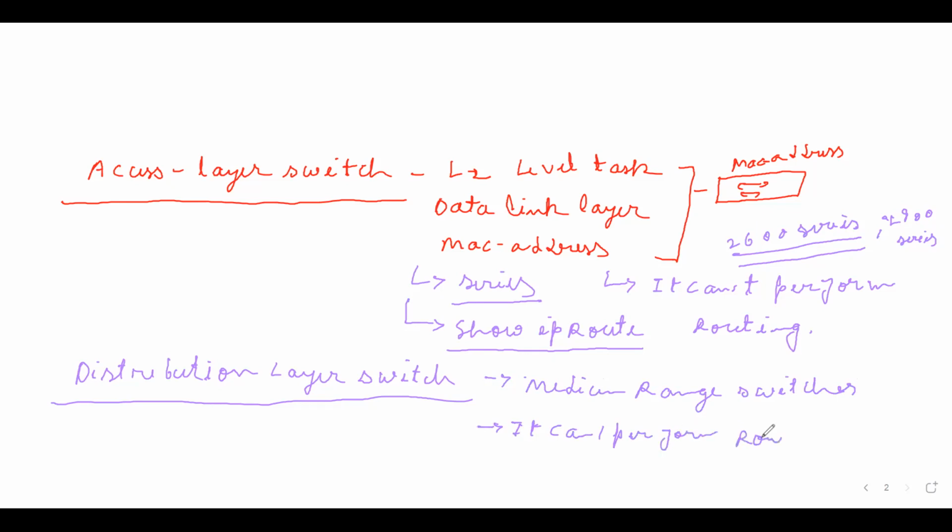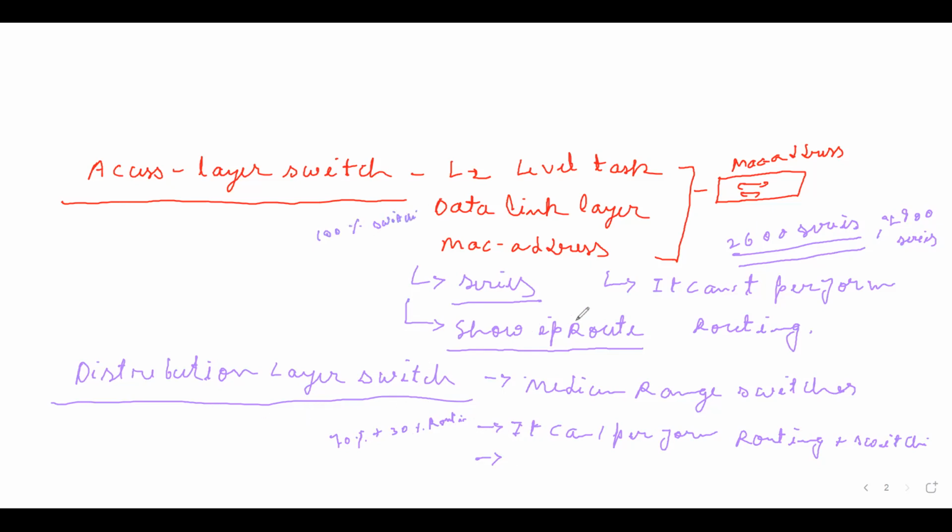But the cost is not too high. And not all routing options, some routing options and other switching options. Suppose 70% switching plus 30% routing. Here you will find 100% switching.